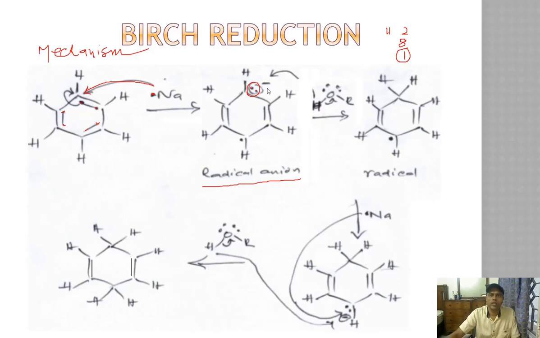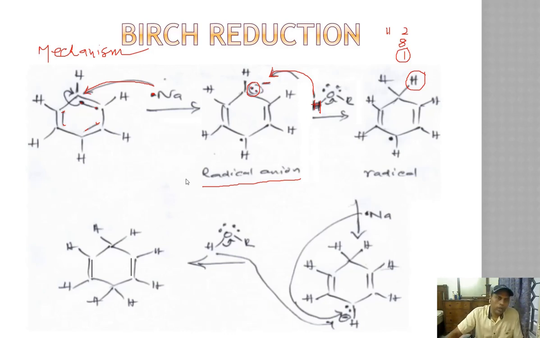So this is negatively charged, and we have alcohol in the medium, right? Alcohol, ROH, right? The hydrogen from this alcohol is going to attack this anion, the negatively charged carbon. So it is going to form that hydrogen bond over there, right?